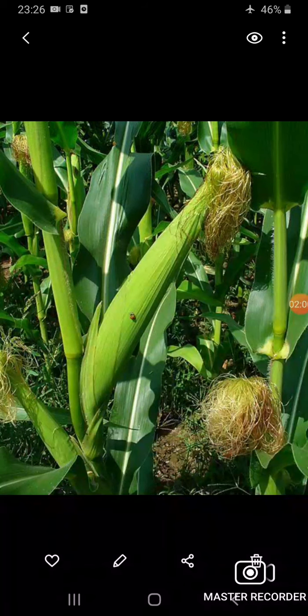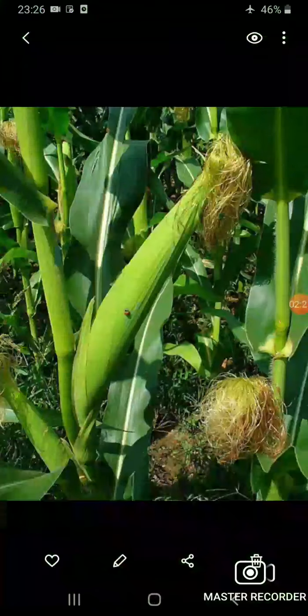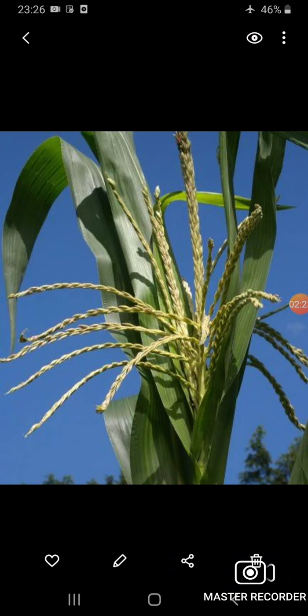Now this is maize plant. All of you must have seen this maize cob, and it is an example of monoecious plant. Now here on the lower side the cobs are produced, which represents the female inflorescence. This is the male inflorescence having male flowers, which is produced at the tip of the plant.